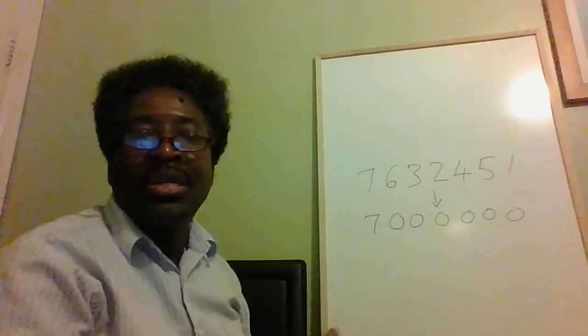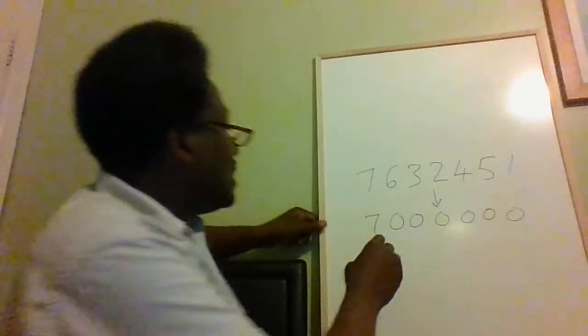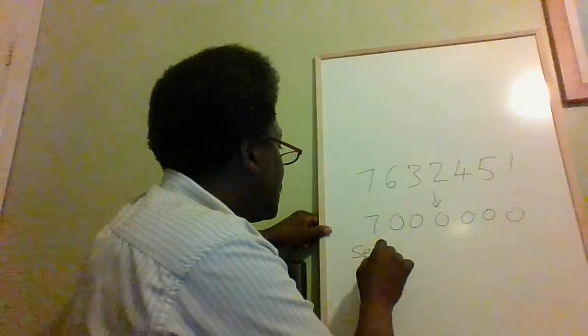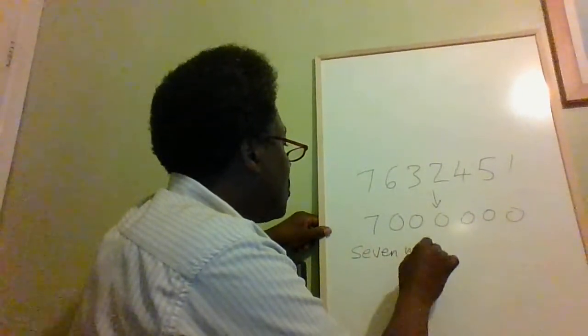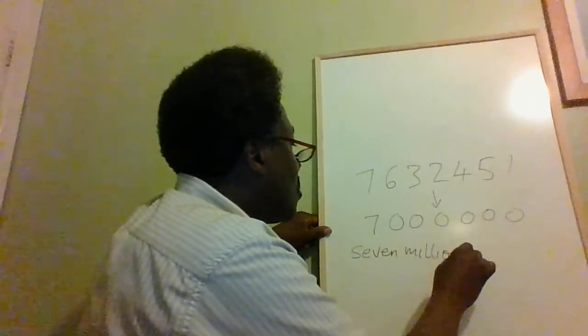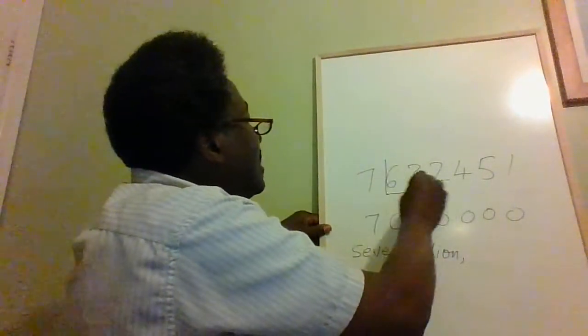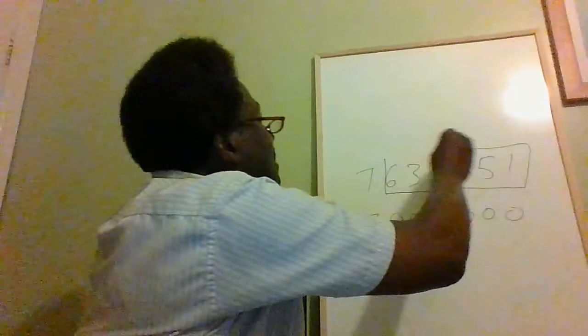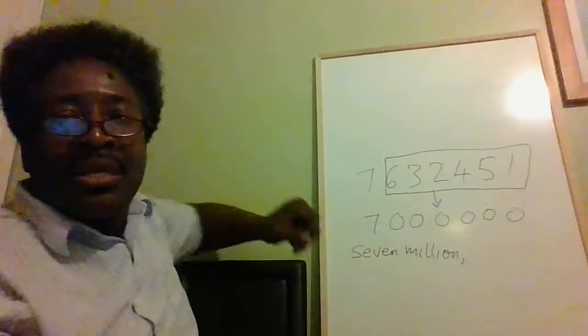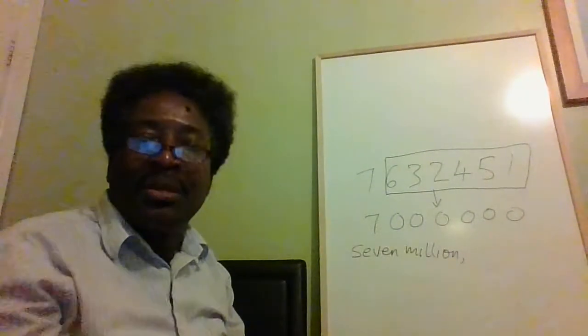So we've already gone into the millions now. So you write 7 million first, 7 million, comma. And then you now write this 6-digit number in words, exactly like we have done in the previous video.